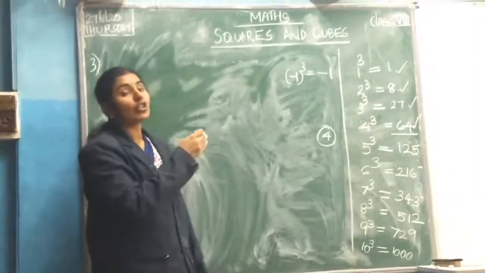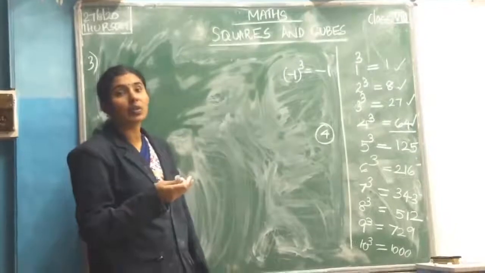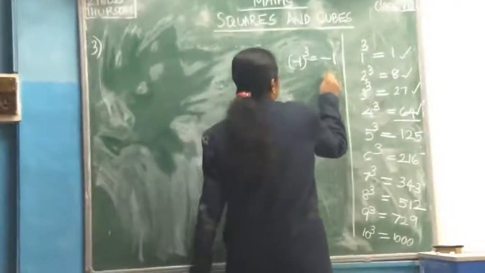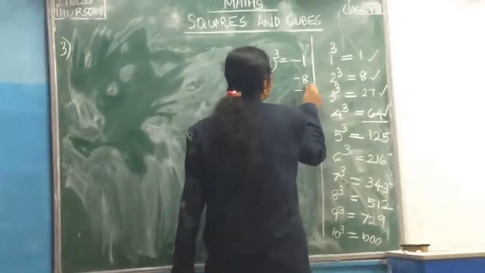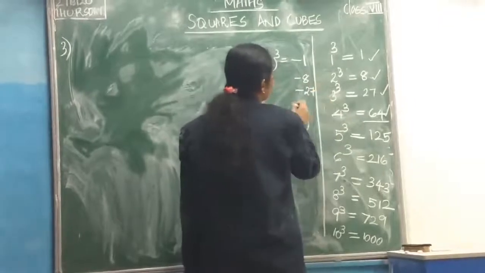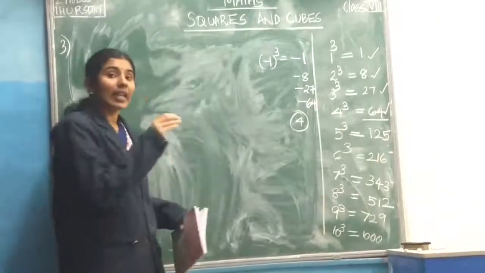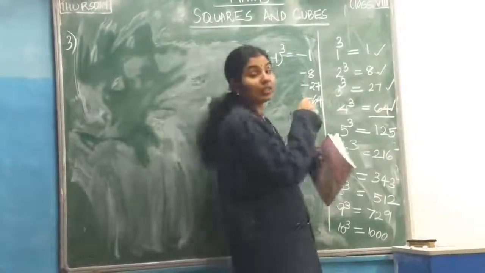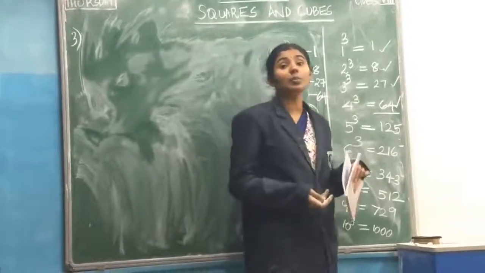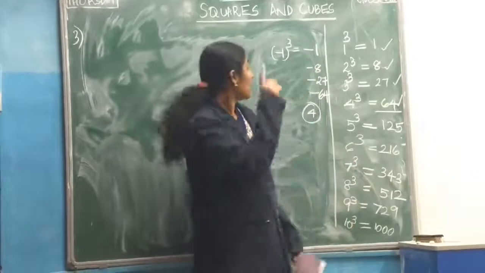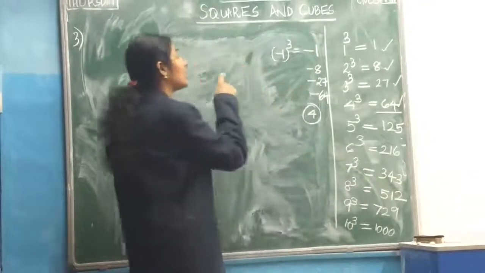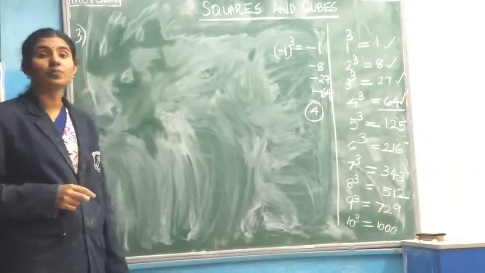If you are taking the cube of negative numbers also, what will you get? Minus 1, minus 8, minus 27, minus 64. Same numbers when you are taking the cubes for negative numbers. So what will you get? Minus 1, minus 8, minus 27, minus 64.